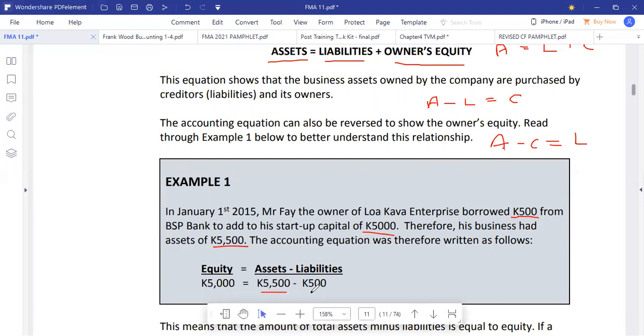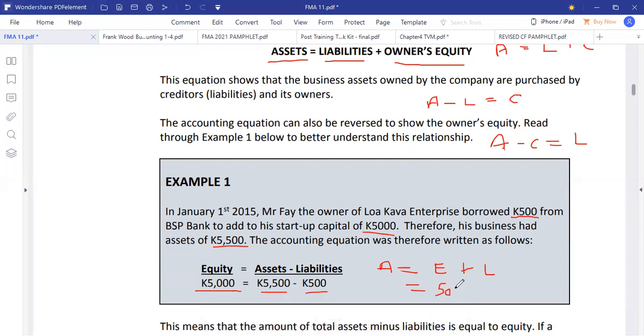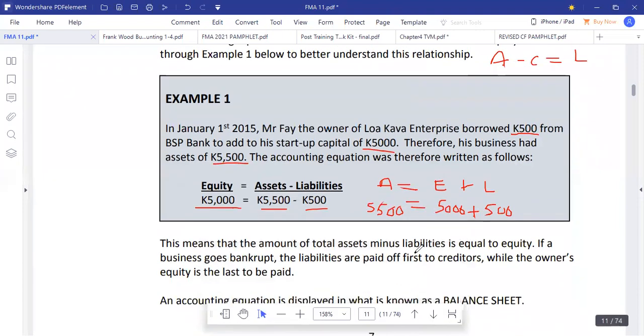So 5,500 minus 500 is equal to the equity, which is 5,000. Or we're going to say his total assets are equity plus the liability. The equity is what he had in his pocket, which is 5,000. And the liabilities are what he borrowed from the bank, which is what? 500. So meaning the total assets that he has, we have what? 5,500.